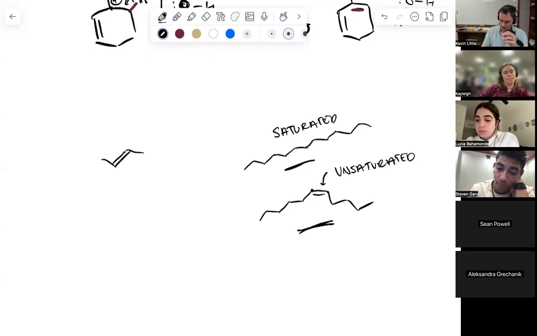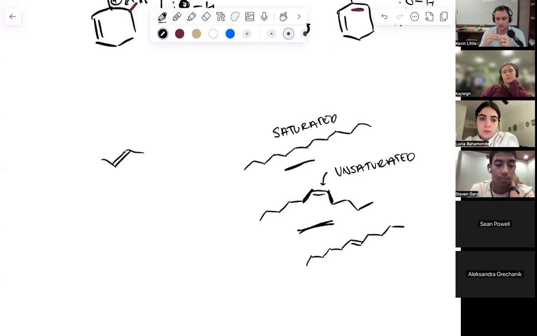And we haven't talked about this yet, but it's the next chapter. If this fat is cooked for a long period of time, notice how they're on the same side here versus this where they're on a different side. So if we go back to our terminology, what do we call things that are on the same side?